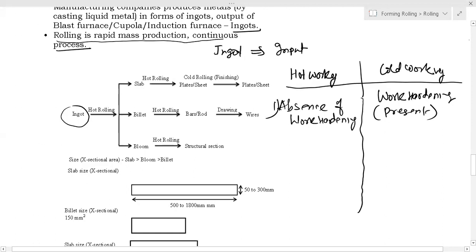That is first. Then second, hot working: the working temperature means the material temperature will be above the recrystallization temperature.